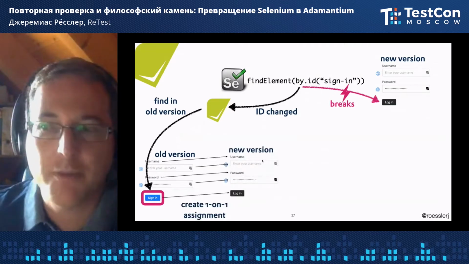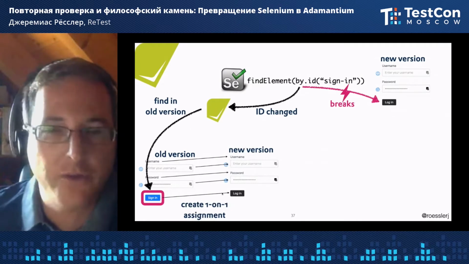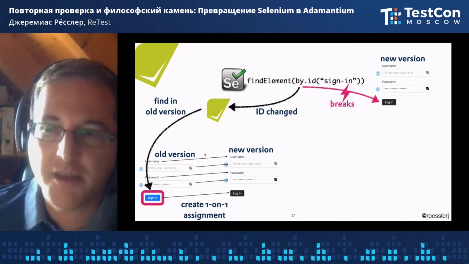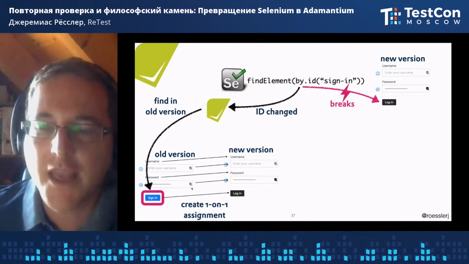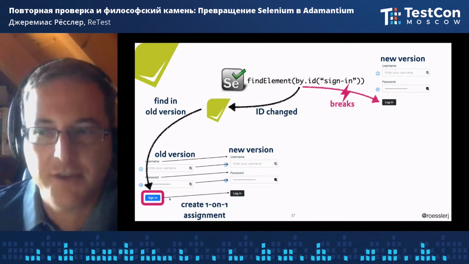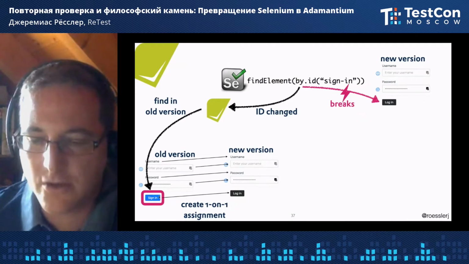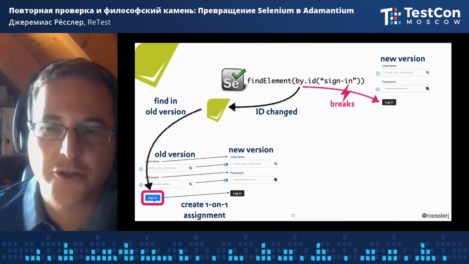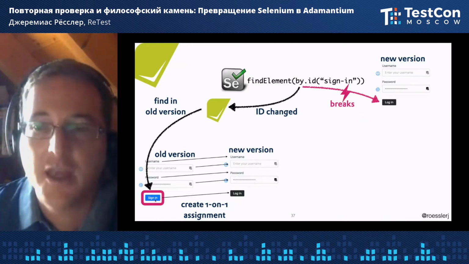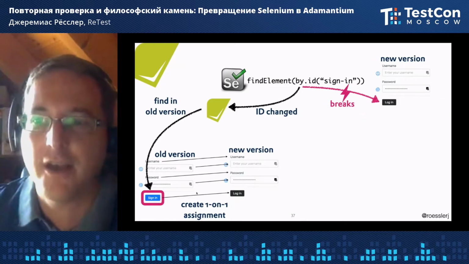Then we compare it to the current version of the website, which we do anyway, because we want to show all the differences, right? We create a one-to-one assignment of all the elements to the new elements. Therefore, we are able to pinpoint the change in a very specific and very robust manner. So even if that button changed completely in terms of color, ID, CSS, and XPath, we can still correctly identify the element.